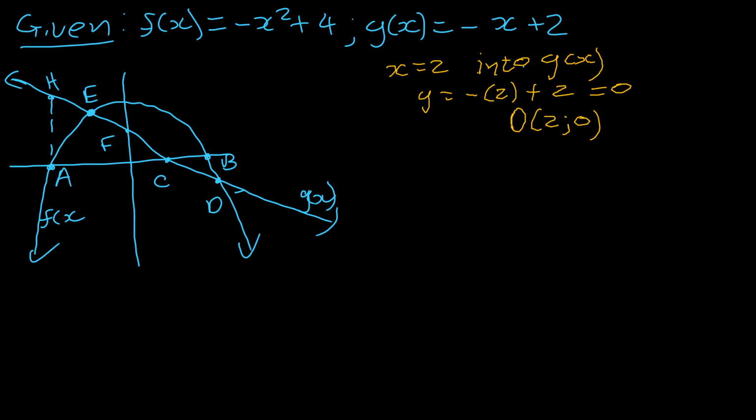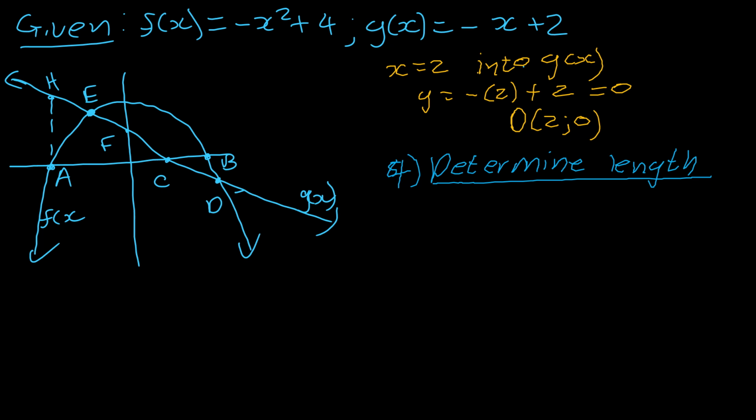Now another question I can give you is one that asks you to determine lengths. So the first thing, the length of HA. The first thing I want you to consider here is the line that you are calculating.